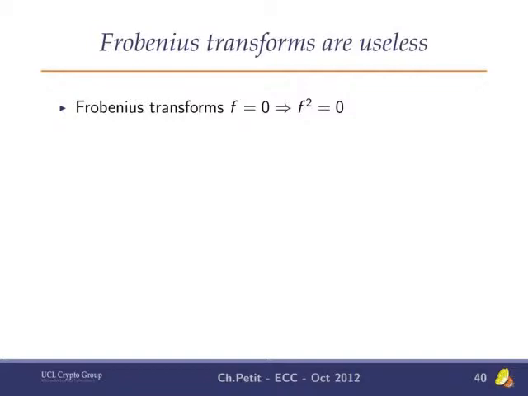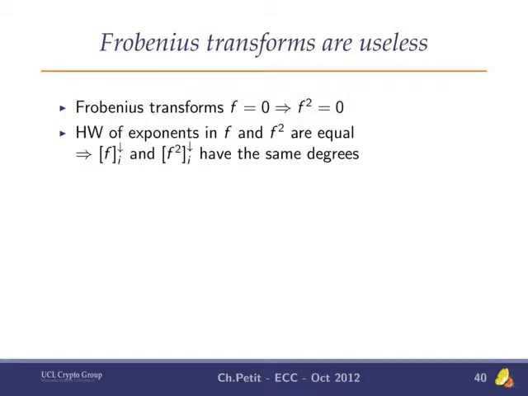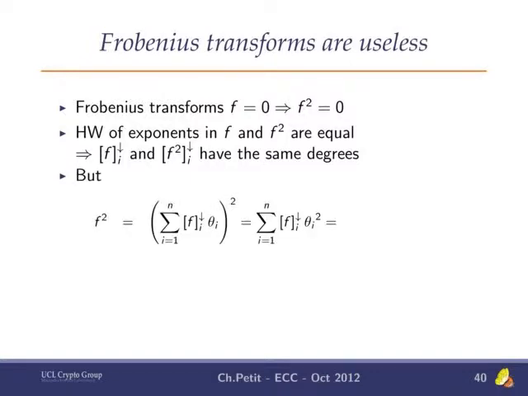If f is equal to 0, then f squared is equal to 0. Okay? So far so good. But moreover, the Hamming weights of the exponents in f and f squared are the same. So that means that you won't only get a new equation by applying Weil descent on the square, but you will also get a new equation that has the same degree. So you keep low degrees.